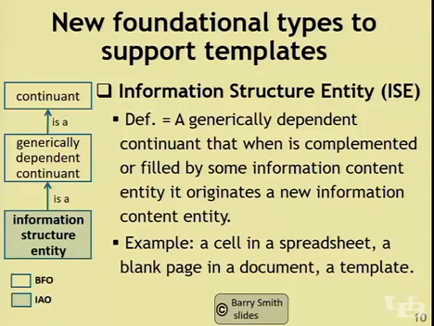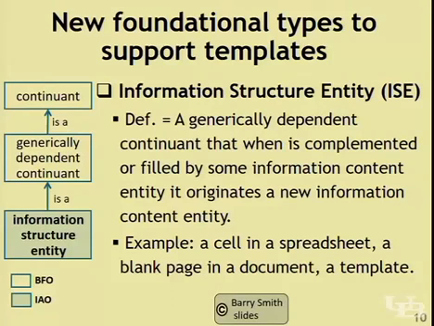Then, to support the templates, we need to create a new foundational type in IAO. And Professor Barry Smith helped me with this definition of information structure entity, in another work that he is working on.